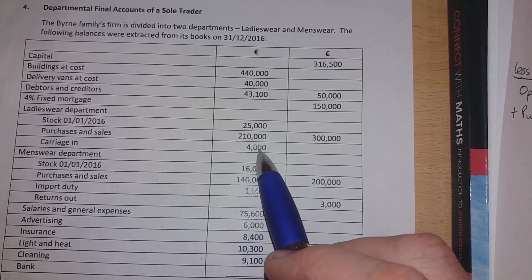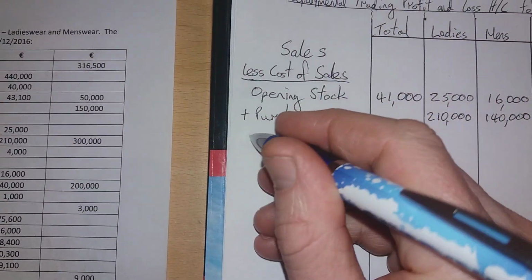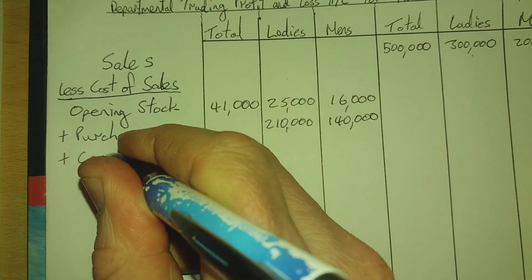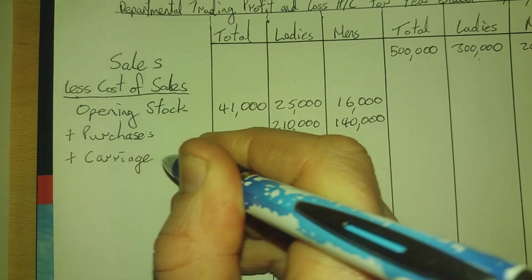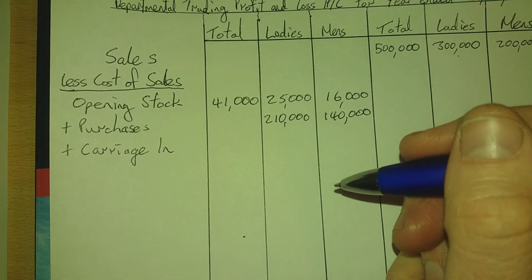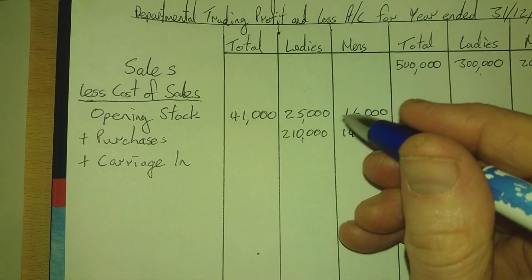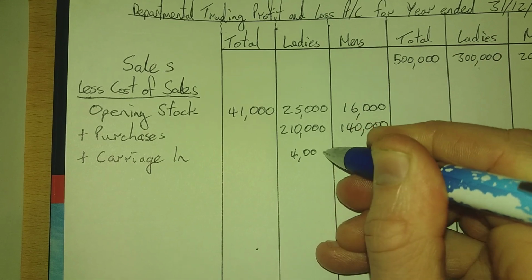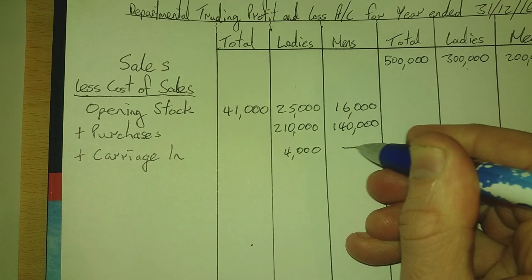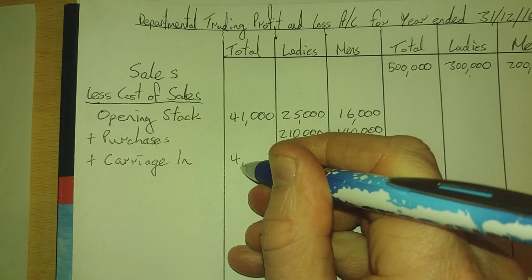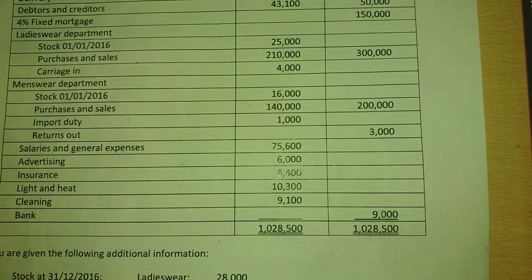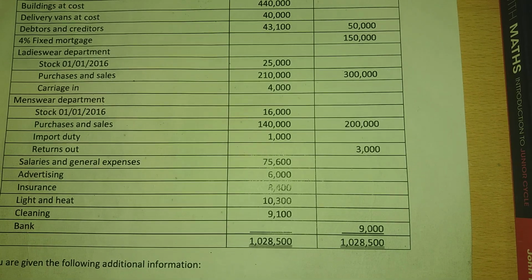to the cost, isn't it, in cost of sales. So if we say let's carriage in, okay, and the carriage in we said was 4,000, and again that would be added to the cost of sales. Now there was no carriage in for the men's, so this total here would be 4,000. So if we look down here again, that's it for the ladies' wear department.